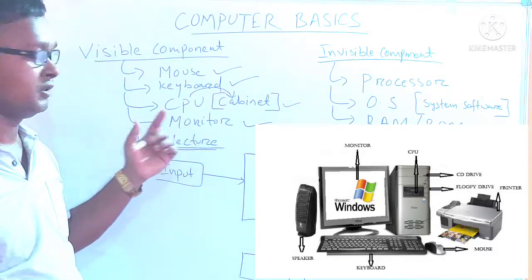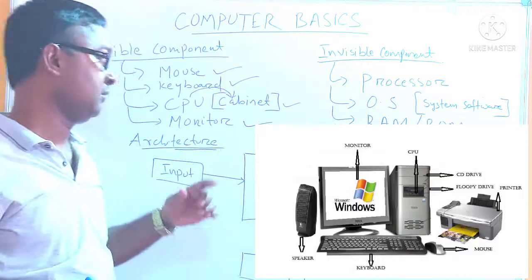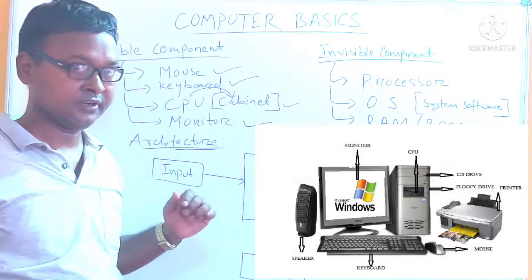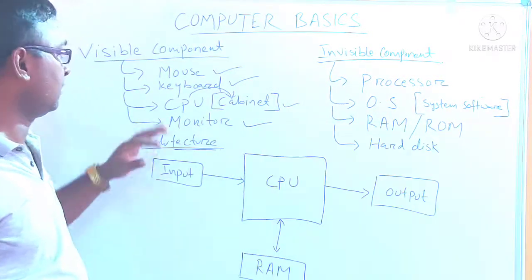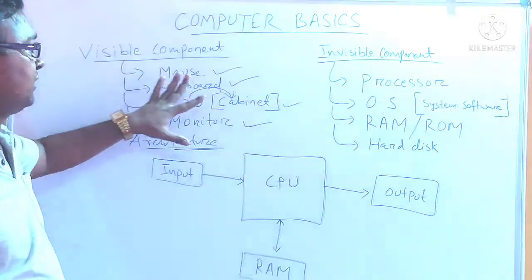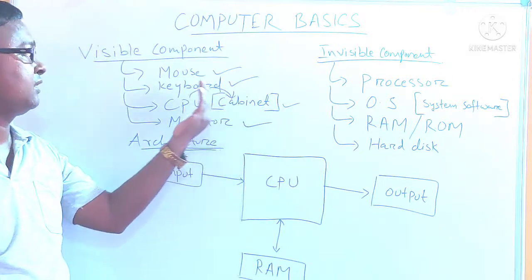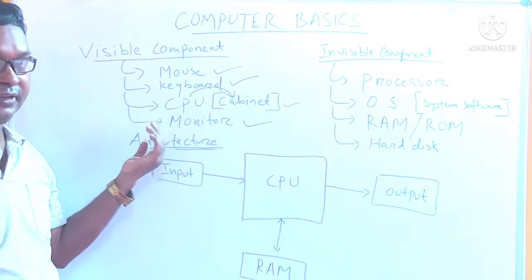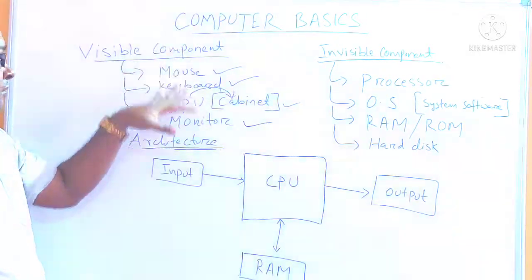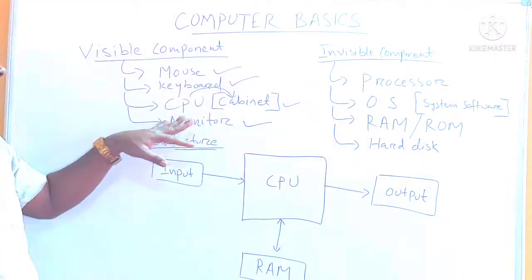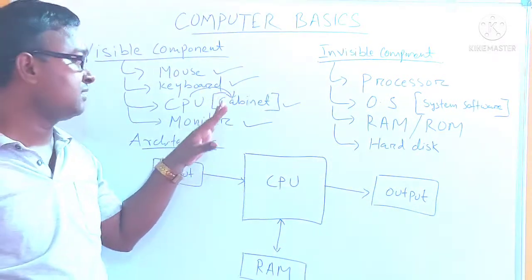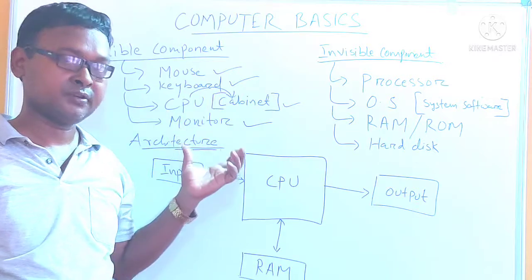That is also a visible component. These are the important visible components that I have put in the visible component column: mouse, keyboard, CPU and the monitor are the major visible components of your computer system.